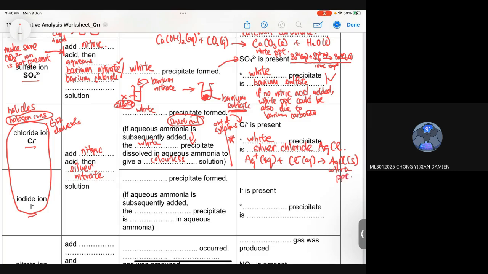So take note of this. In terms of the chloride ion, you use silver nitrate, you get a white precipitate.